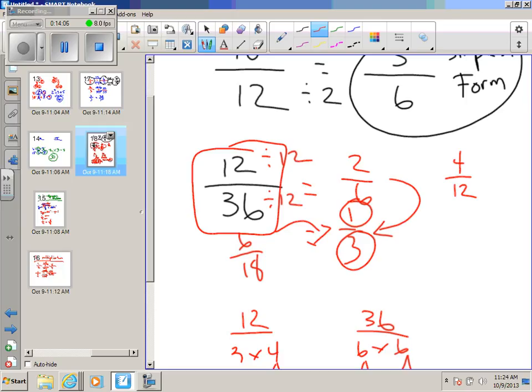I know some of you would prefer to use the axe method where you just keep chopping at that fraction until you can't anymore. But what's the problem with that sometimes? Sometimes we forget to keep chopping until it's completely done. So there's usually always a better way. That would be the better way. I'm going to hand out your worksheet.